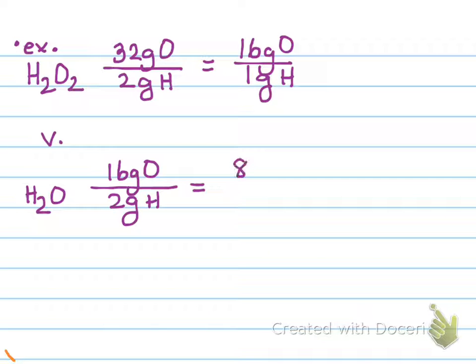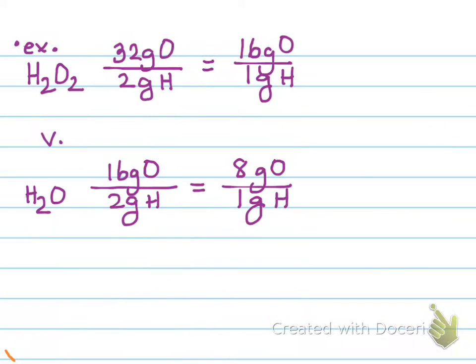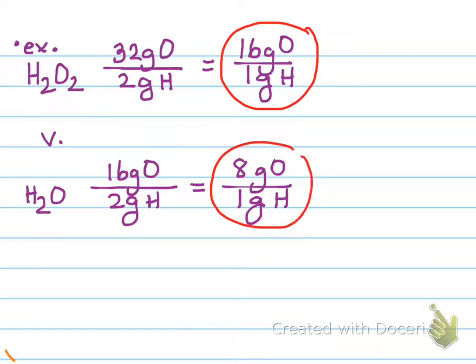The lowest whole number ratio is 8 to 1. So notice my ratio is different, and that's what we were just saying: different proportions but the same elements means a different compound.